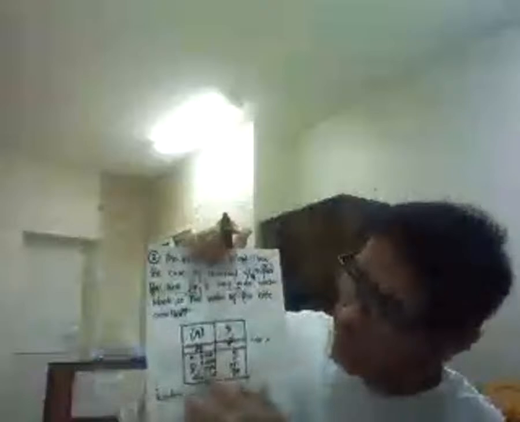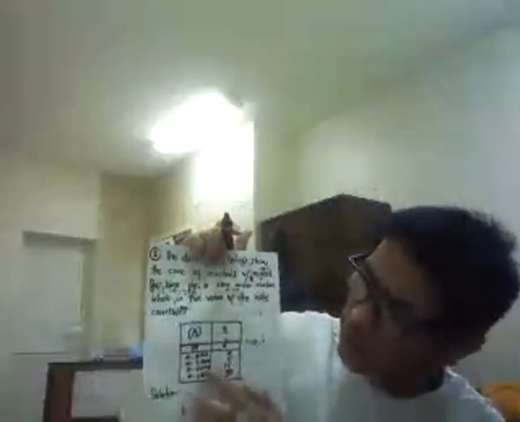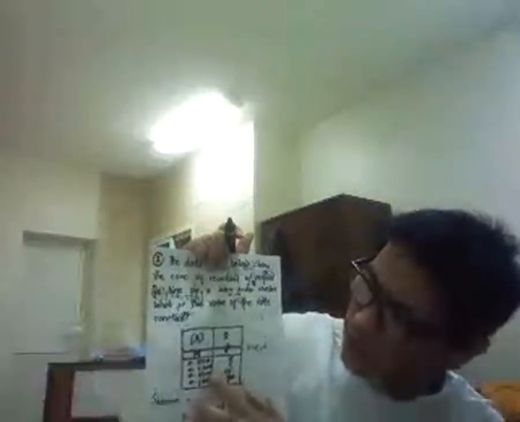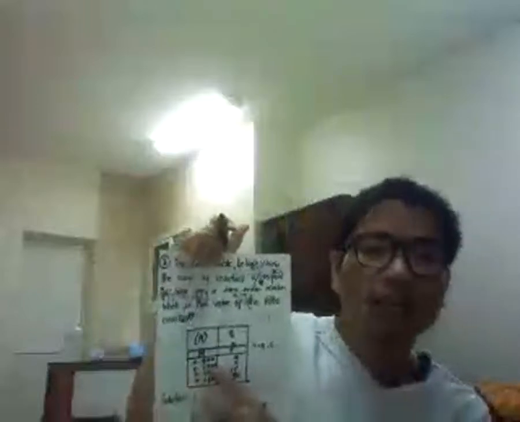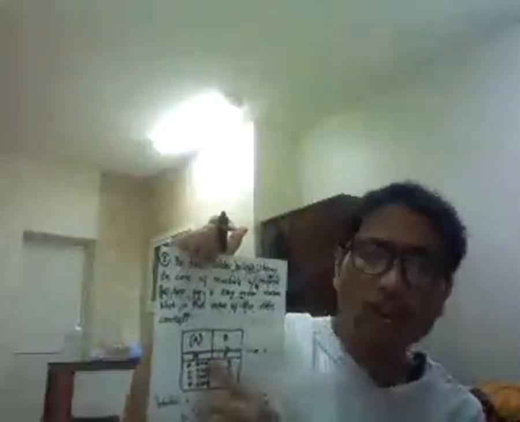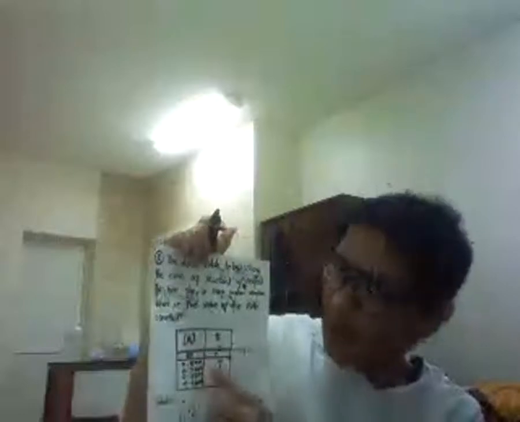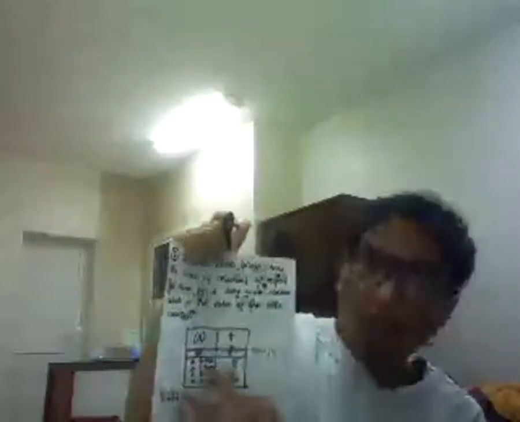Then the second one: 0.5600 is our final, and 0.800 is our initial. Take note, this 0.8 is the initial, A naught. So A final is 0.56.